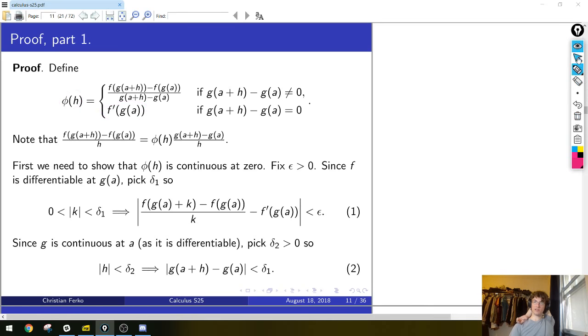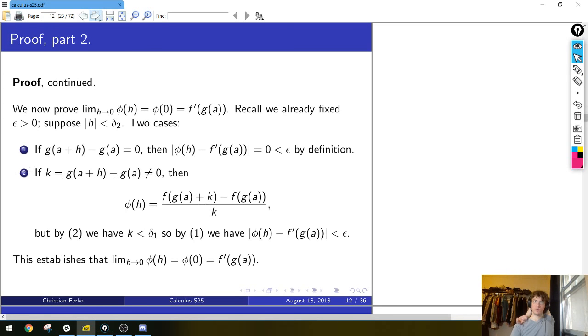We did this complicated chain of choosing multiple deltas to guarantee the epsilon definition is satisfied. And at the end of this slide, we got the thing we wanted to show to split the limits, that phi is continuous at 0. So that's fine. If the last two slides don't make sense, just get that big picture. Phi is this helper function for the chain rule. We've proved it's continuous.